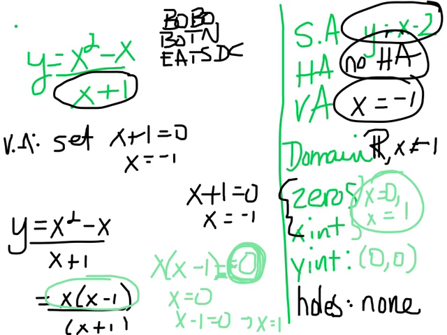In this case, we already see that at x equals 0, y is 0. So it looks like we have a y-intercept at (0, 0). Let me put a little note there: set x equal to 0. Do you remember that on your intercepts, you always set the opposite variable equal to 0? We could see the y-intercept because we already had an x-intercept of (0, 0), so we knew x equals 0 had a y of 0. Anyway, that's how you'd work this problem out if it showed up on a quiz.